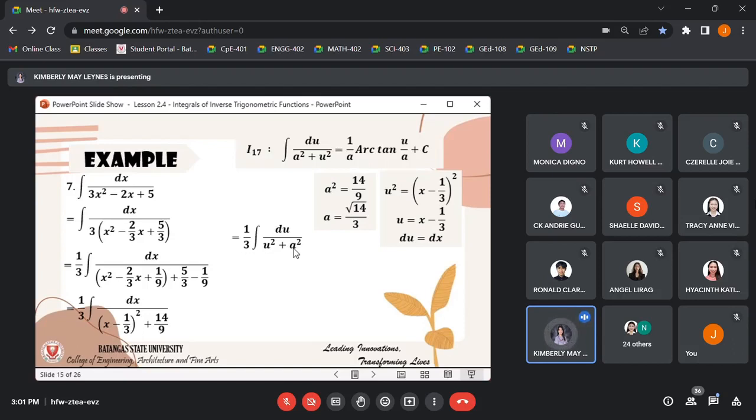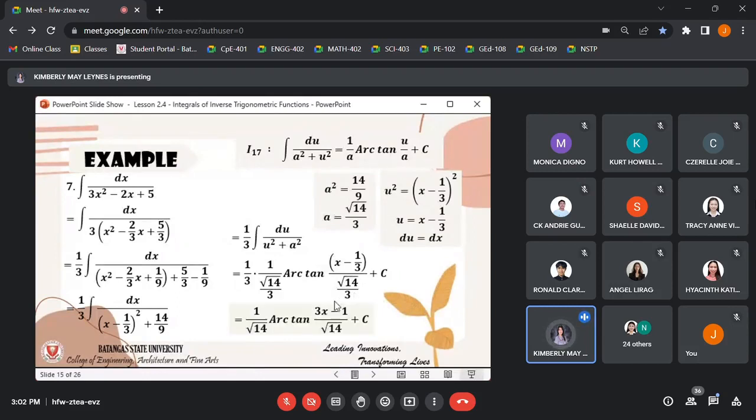Equal na po ito sa arctan of u over a plus c na nakamultiply sa 1 over a na i-multiply pa sa 1/3. Ang a natin dito ay square root of 14 over 3 and may arctan of u over a pa din. Na kung saan si 3, i-divide sa 3 na lang si square root of 14.